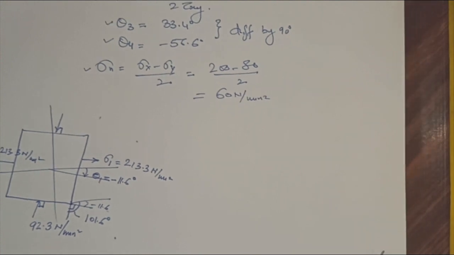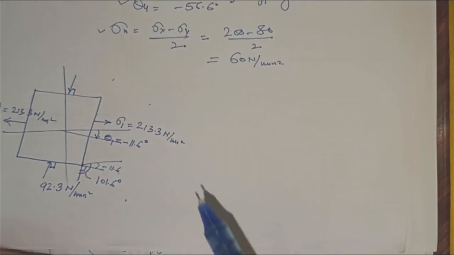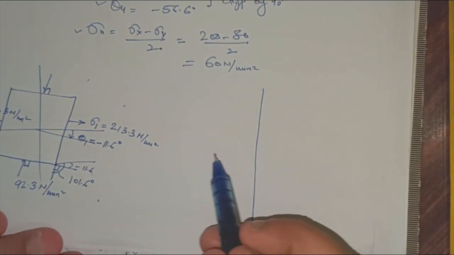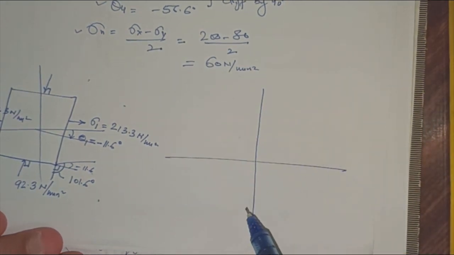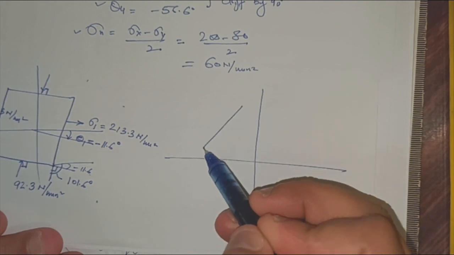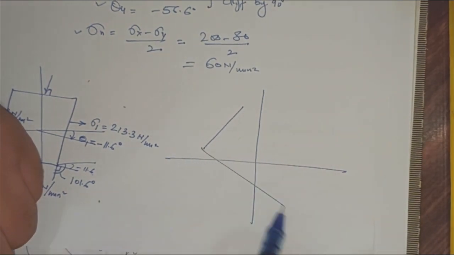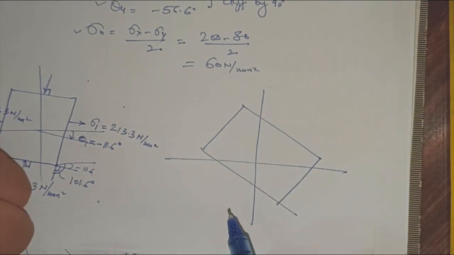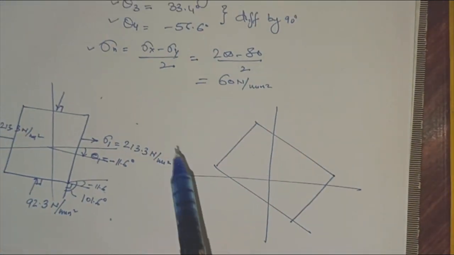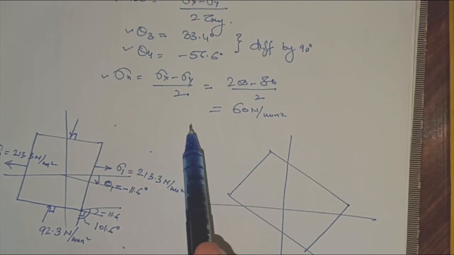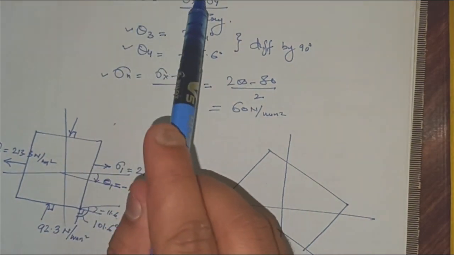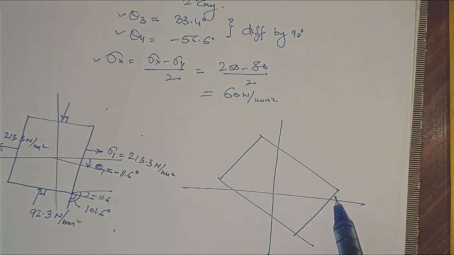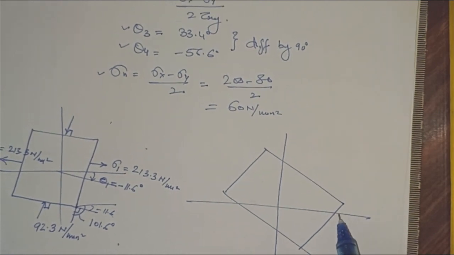Now let's come to the shear values. We need to represent the maximum shear stress. You make this plane according to the orientation angles that are given to you. We know the orientation angle is positive 33.